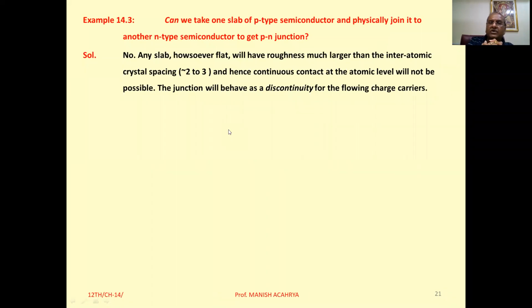If we think about the interatomic distance, that is of the order of 2 to 3 angstrom, compared to that the roughness of the surfaces which are in contact with each other is much larger, and therefore discontinuity between the atoms during the contact of two surfaces will be there, and therefore we can't form the p-n junction. Clear to all of you?